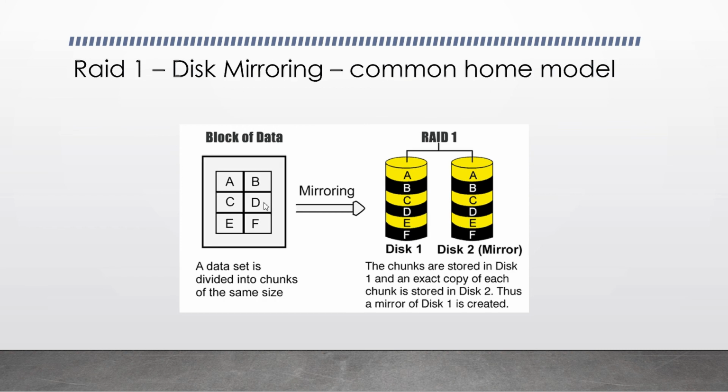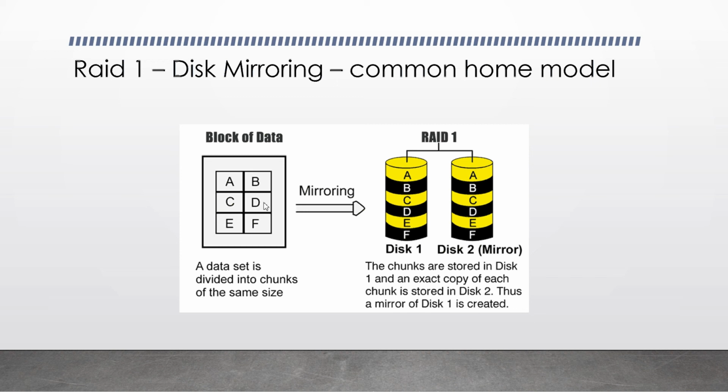RAID 1, disk mirroring, common home model. I say common just because that's what I got. So you go to Micro Center, you get the one that comes with two hard drives instead of one. So you need the two hard drives. The block of data is still not striped.